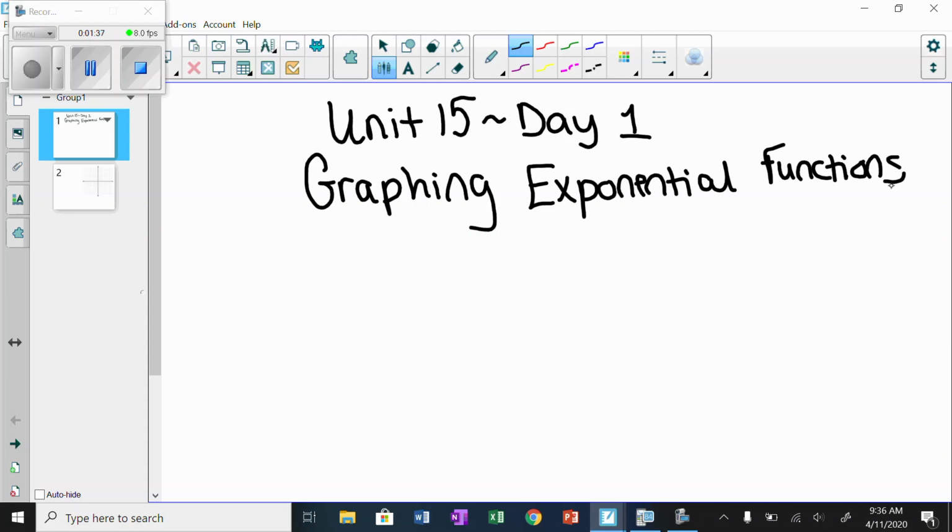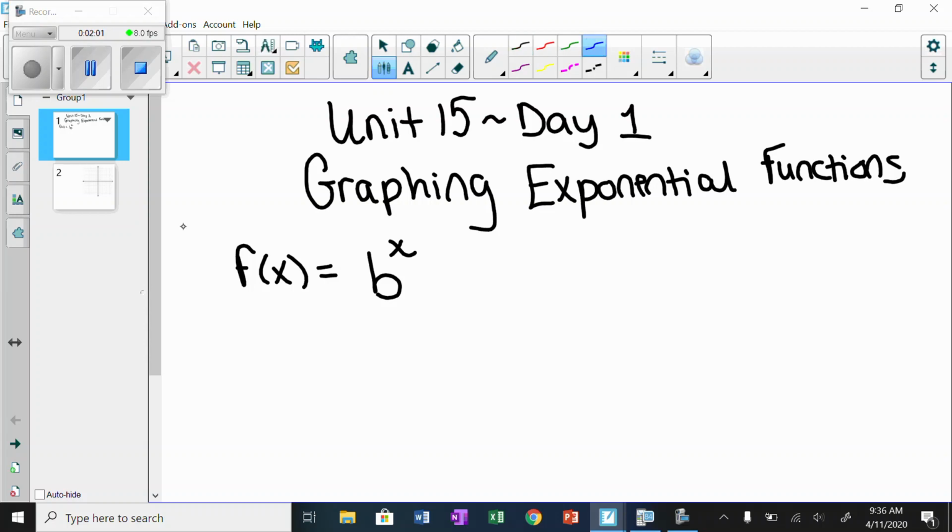It's basically a function where your variable is the exponent. So for example, we could have f of x is equal to b raised to the x power, where b will be a constant number and x will be the changing variable.